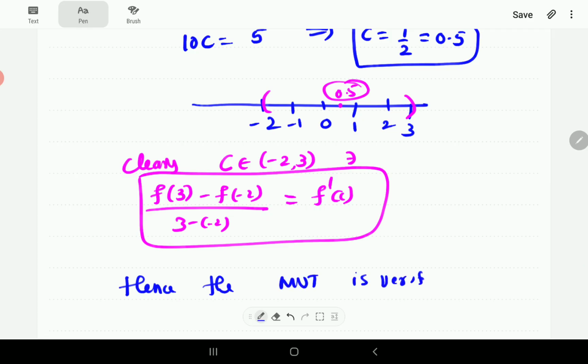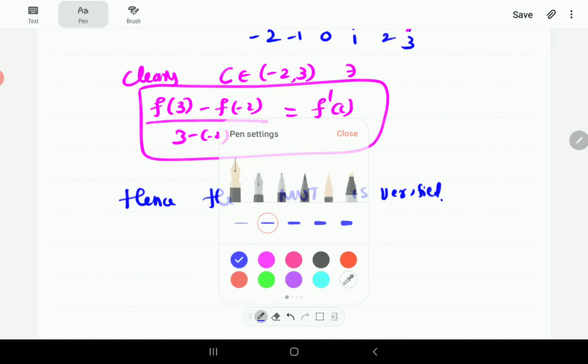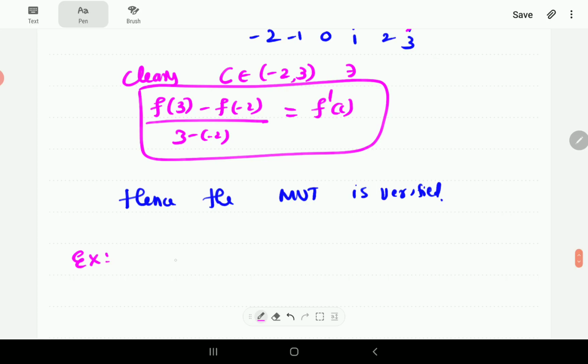Let me give you some examples to check whether the Lagrange's mean value theorem will be applied or not. You can use them as practice questions. First, f of x equal to 2x square minus 10x plus 29 on the closed interval 2 comma 7.